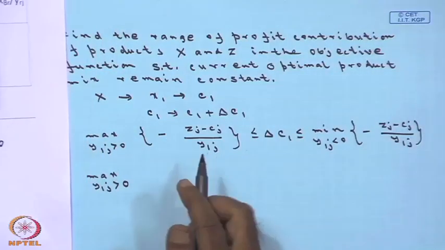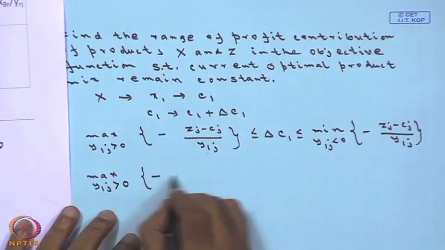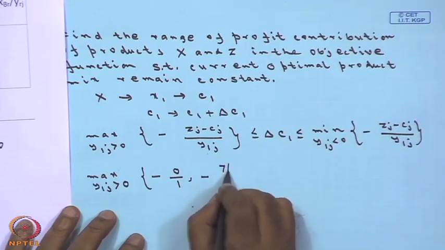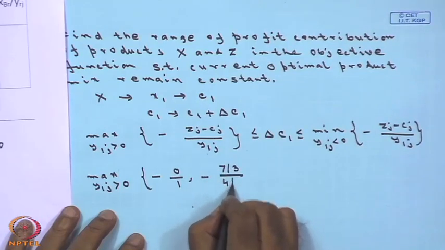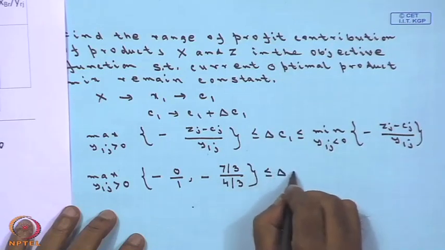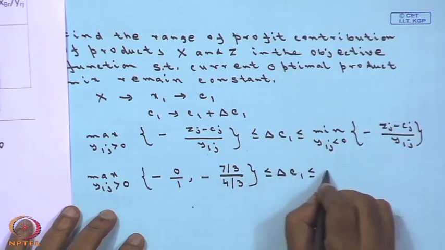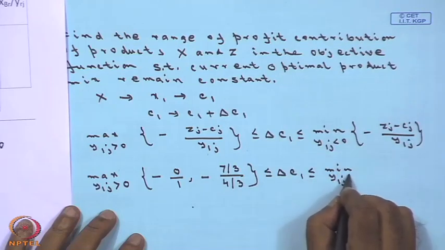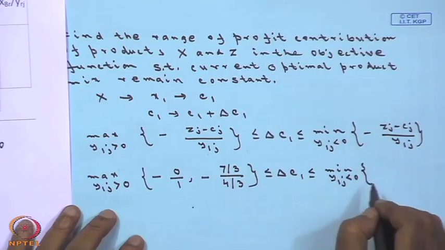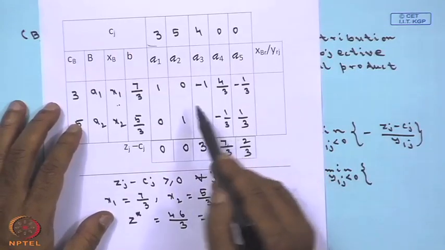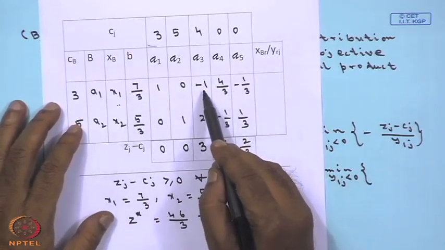So, I can write down, minus 0 by 1, the other one is minus 7 by 3 divided by 4 by 3, which is less than or equal to delta C 1, less than or equal to the minimum where y 1 j is less than 0. Here I have to take the negative ones only, which means A 3 and A 5.